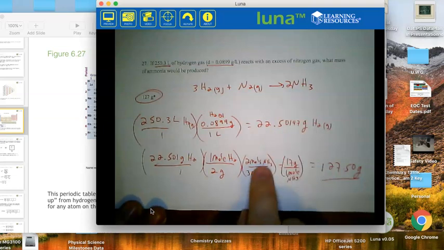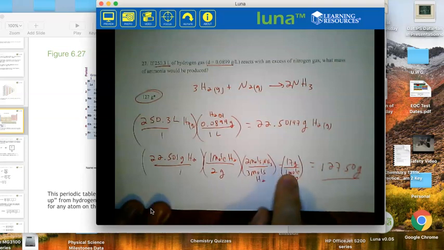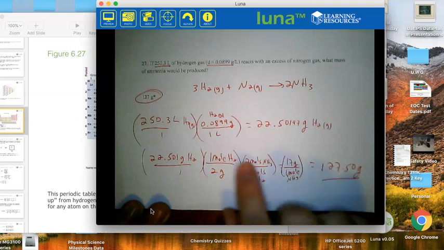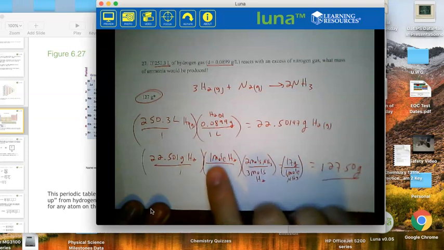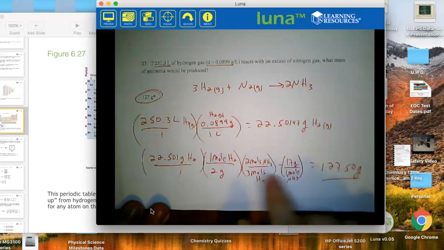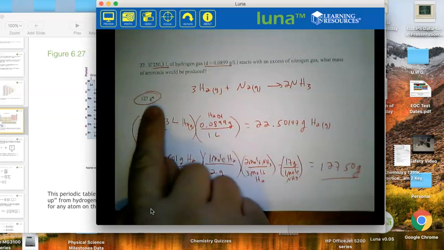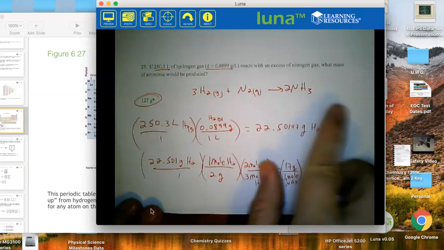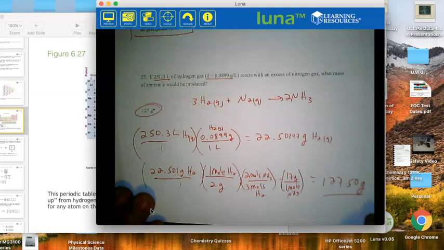And my last step is to convert moles of ammonia to grams of ammonia using molar mass. So I figured out my molar mass. Nitrogen's 14, hydrogen's 1 gram per atom, and there's 3 of them, so 14 plus 3 is 17. Now I do my math, 22.501 times 1 times 2 times 17, divided by 6, and I get 127.5 grams, or roughly 127 grams of ammonia produced, given that scenario.